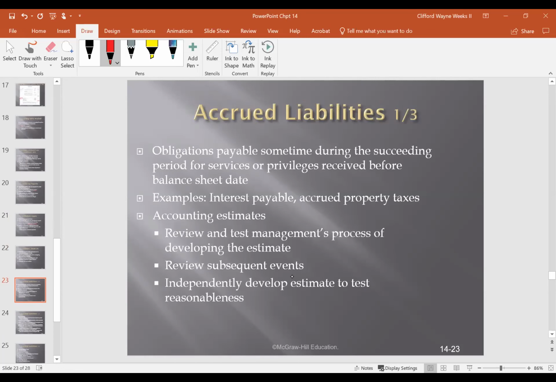Accrued liabilities. Again, these are liabilities that we incurred, but we have not billed and we have not journalized. These are obligations payable sometime during the subsequent period for services or privileges received before the balance sheet date. Interest payable, accrued property taxes. Accounting estimates, so in some cases we utilize estimates for these.